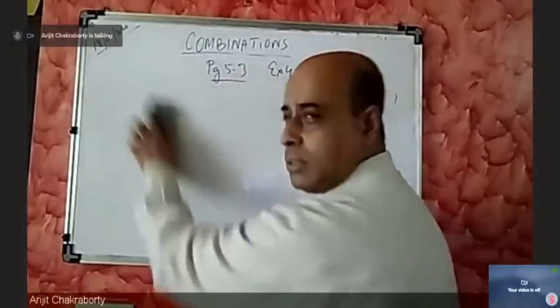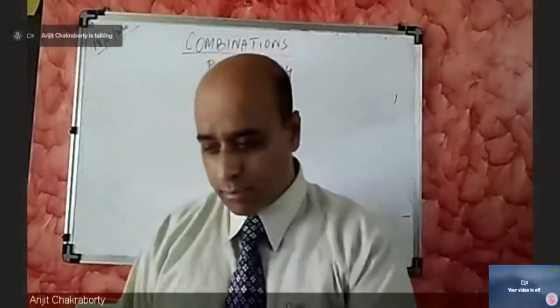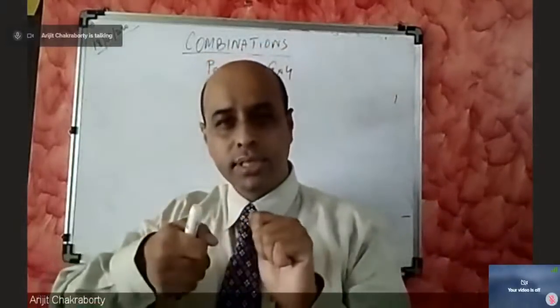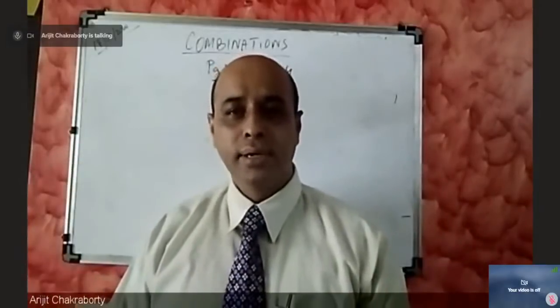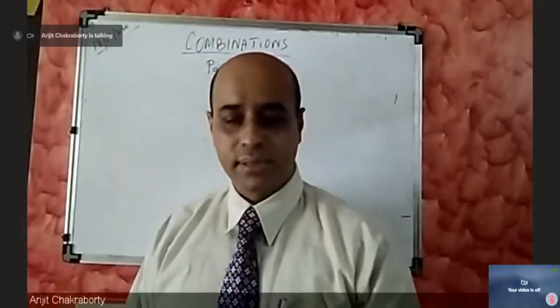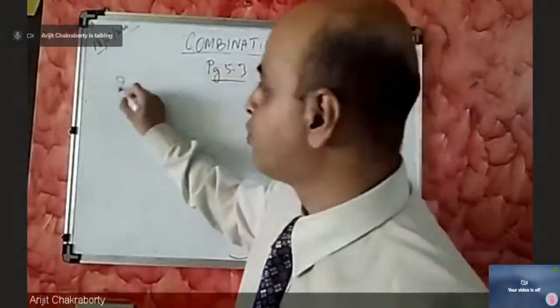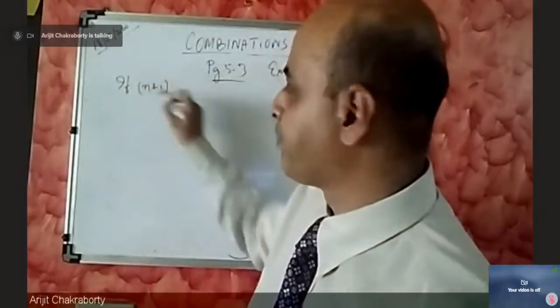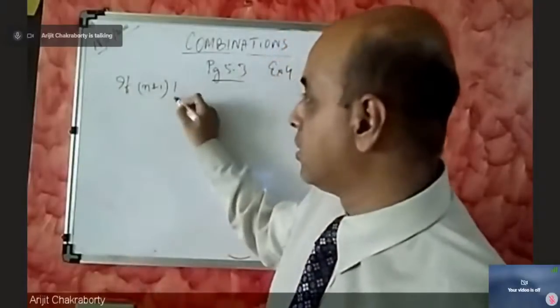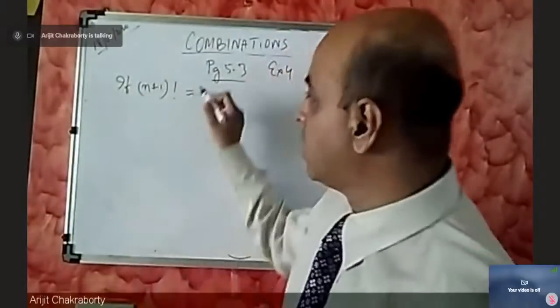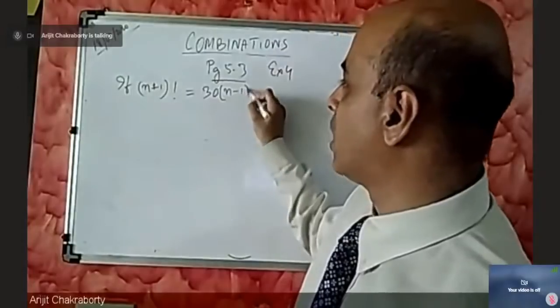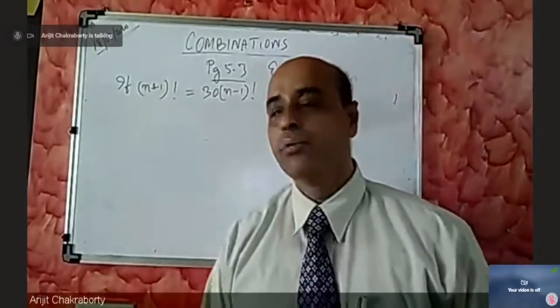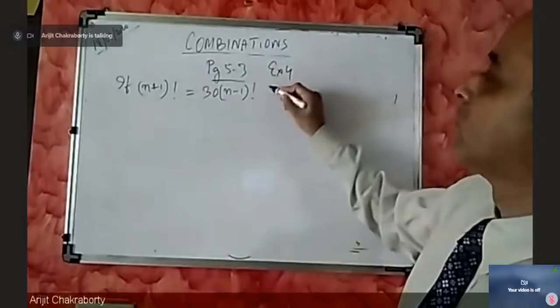Let me tell you, it seems a bit twisted, but again, what is the fun if we don't do some tricky questions? The question is, if n plus 1 factorial is equal to 30 into n minus 1 factorial, then we have to find n equal to how much?